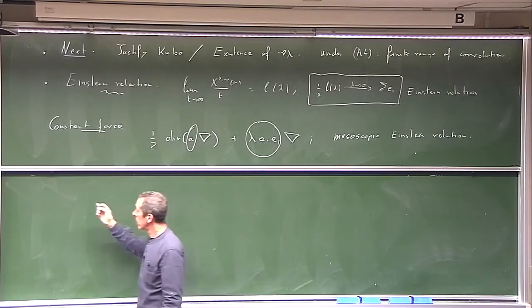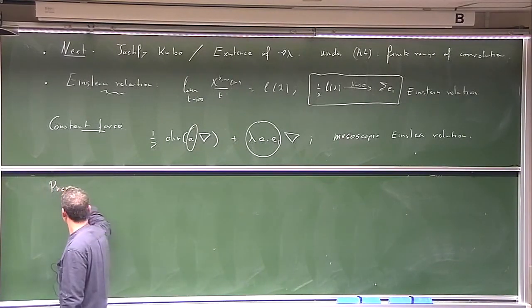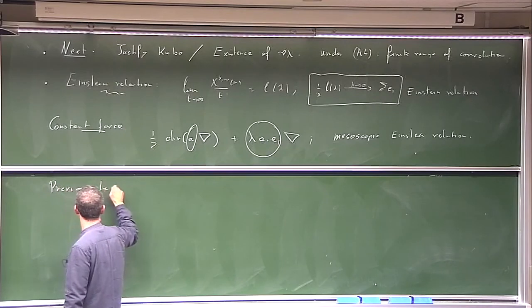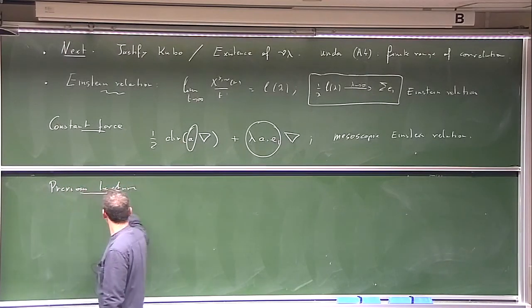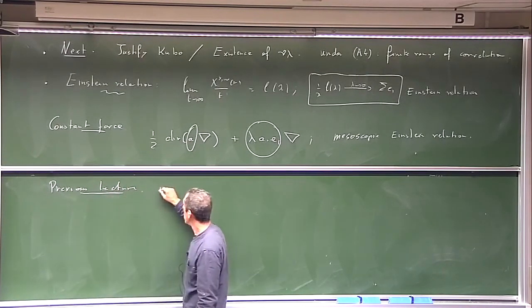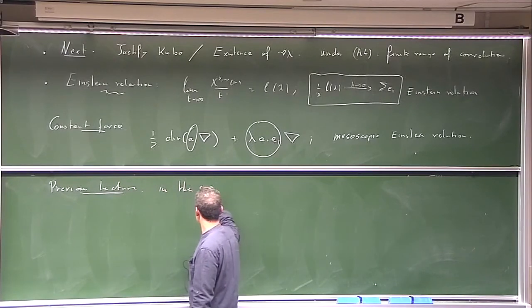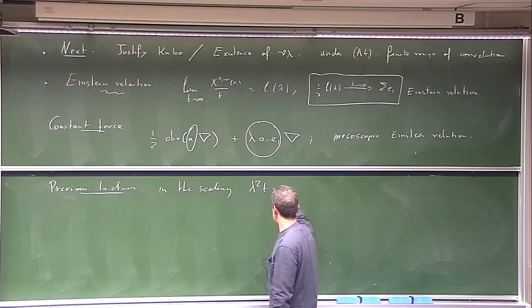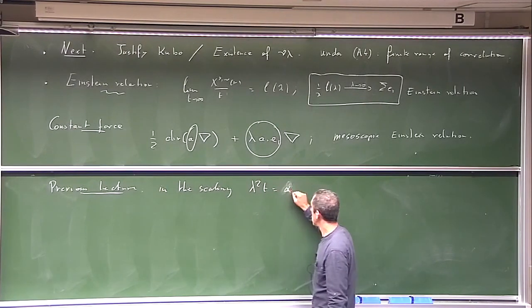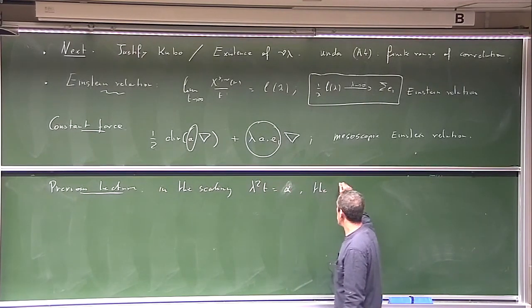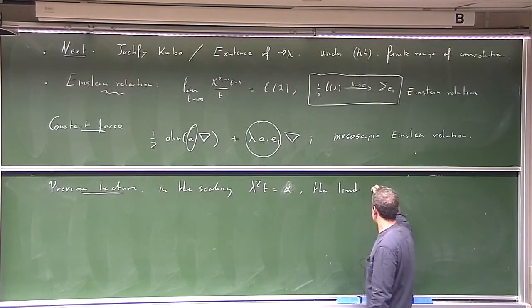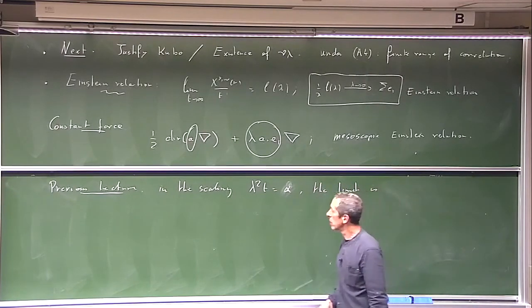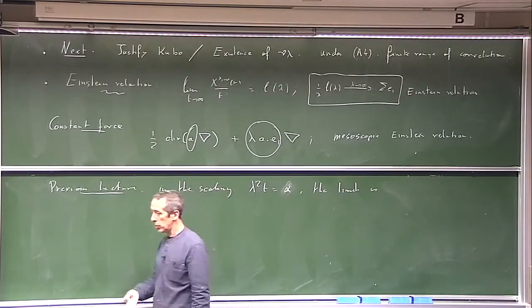And in the previous lecture, we showed that in the scaling lambda square t equals 1 or alpha, the limit of the corresponding diffusion is a Brownian motion plus drift.